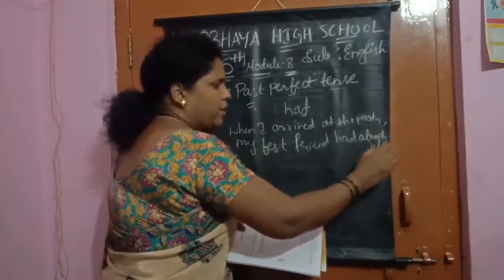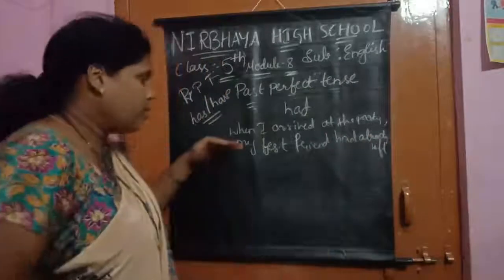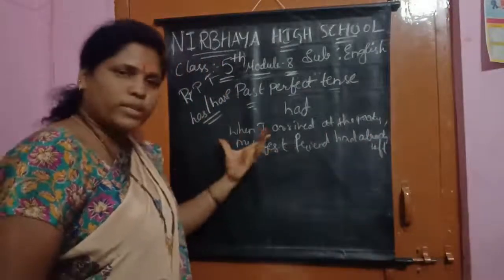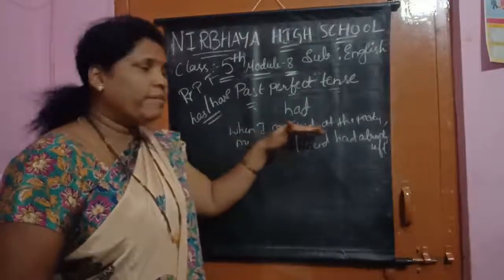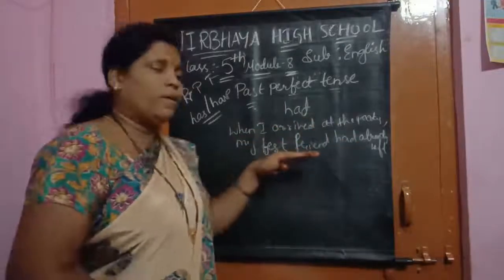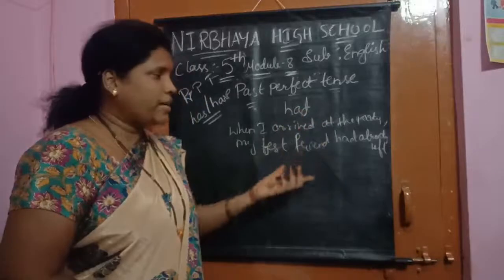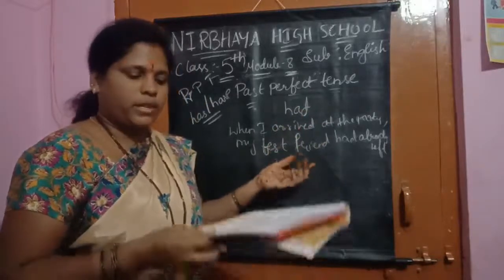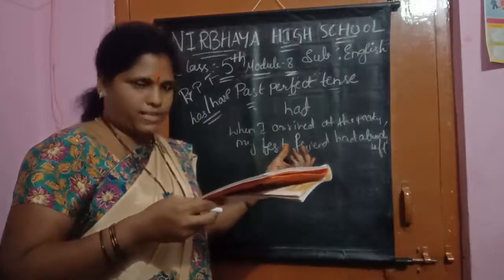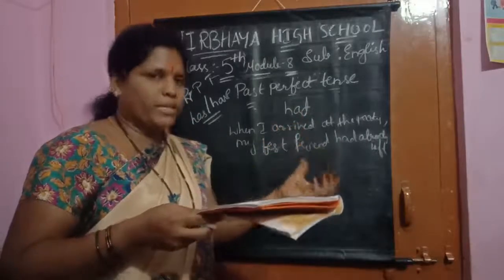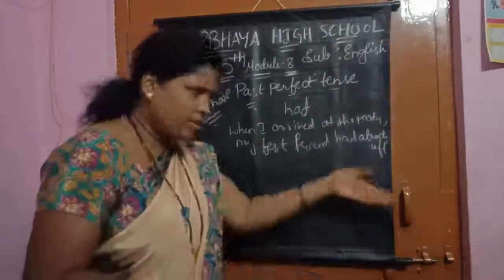Yes, children. Here, already left. These two sentences are only one sentence, but what she is telling here: when I arrived at the party, my best friend had already left. Means which action was done first? This action is the earlier past event, and this is the more recent past event. I entered, she went.